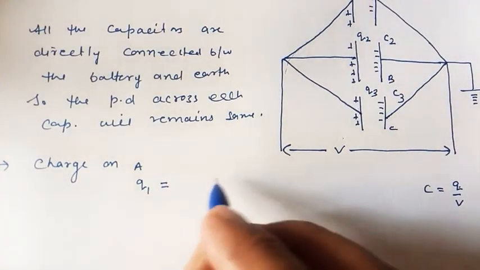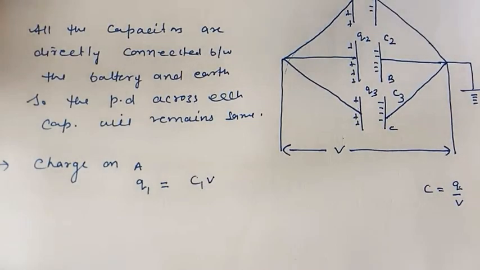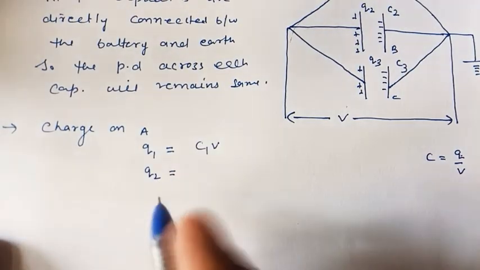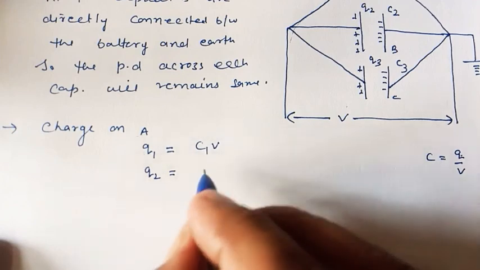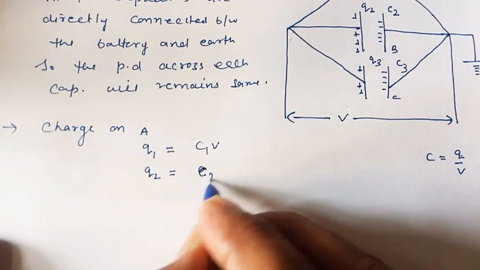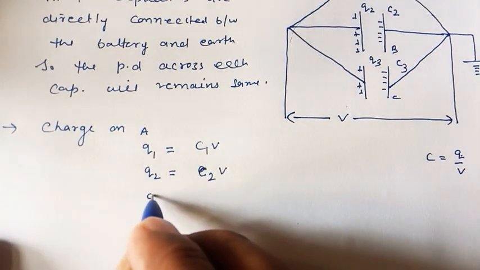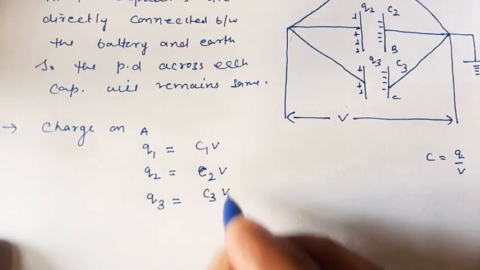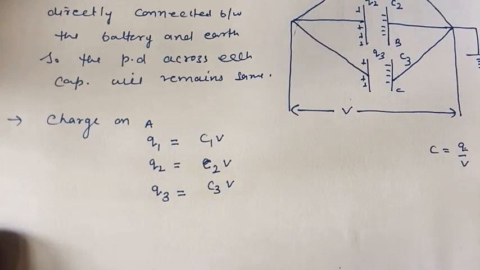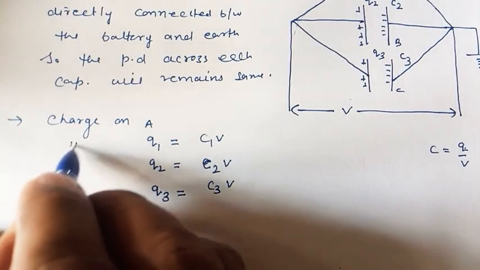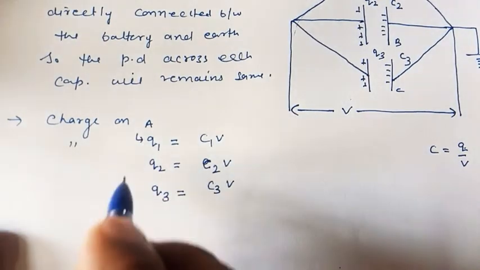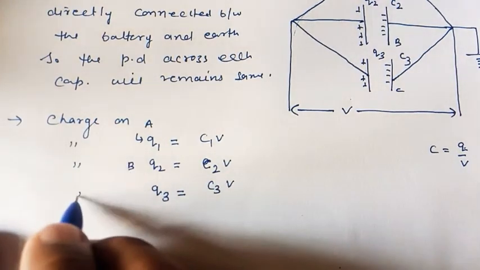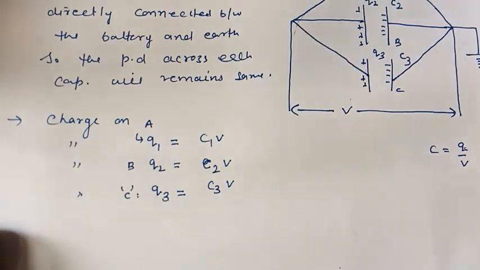So Q1 equal to C1 into V. Similarly, Q2, the charge on capacitor B, is C2V, and the charge on capacitor C is C3V.